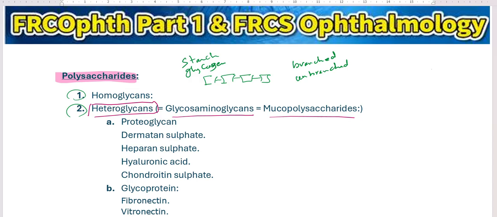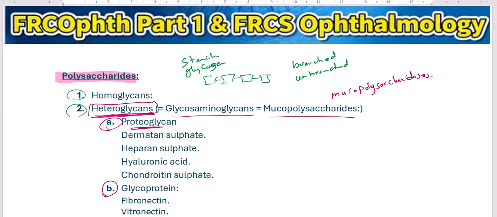And the group of diseases called mucopolysaccharidoses are related to this class of biochemical structures. They are either proteoglycan or glycoprotein.